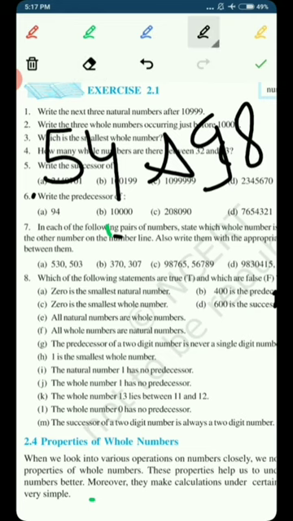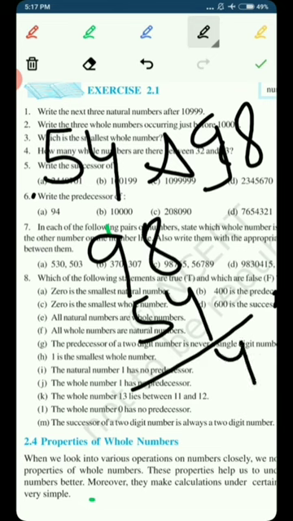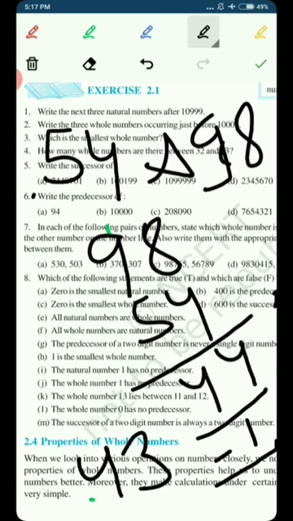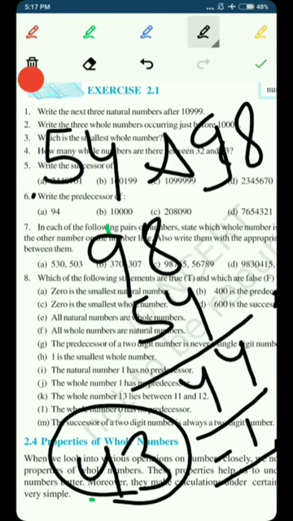So what you have to do, you will subtract 54 from 98. What do you get? 8 minus 4, 4; 9 minus 5, 4. So how many whole numbers will be there? 1 less than the answer of subtraction, that is 43 whole numbers will be between 98 and 54. This is a specific rule. You can say this is a trick to get the numbers between two given numbers.